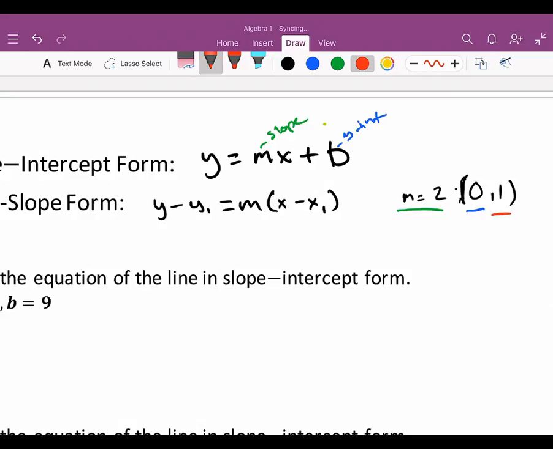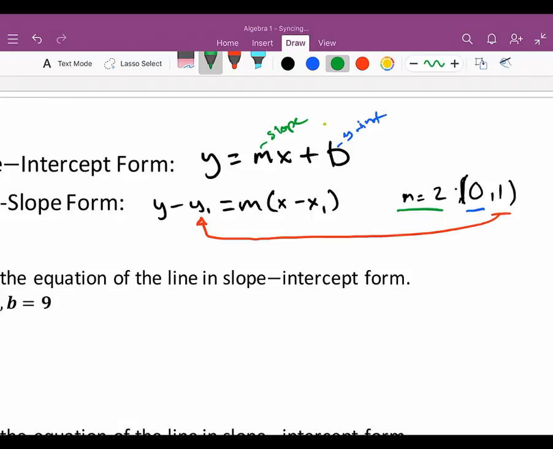If I look at the equation, it says y minus y1. y1 stands for the y value of that first point. So if I look at what's given, 1 would go where the y1 is, right? So it's y minus y1 equals m.